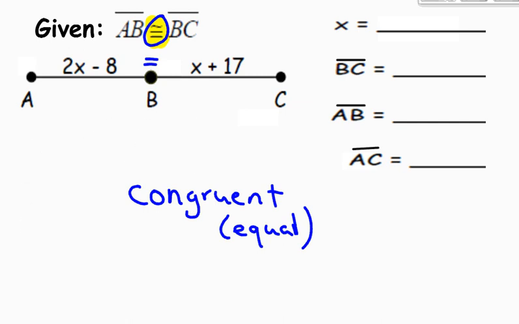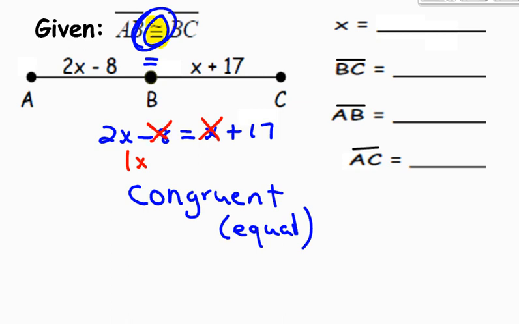So my equation for this, because they are congruent, is going to be 2x minus 8 is equal to x plus 17. Doing some mental math, if I subtract x from both sides, this is going to go away, and this is going to become 1x, or just x. If I add 8 to both sides, this will go away, and that will become 25. So x is equal to 25.